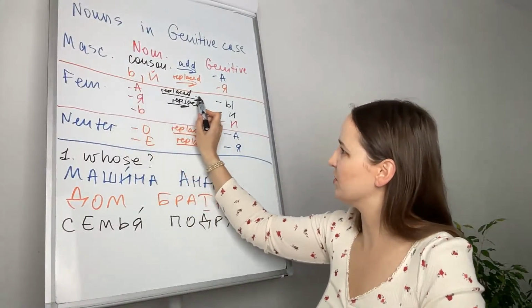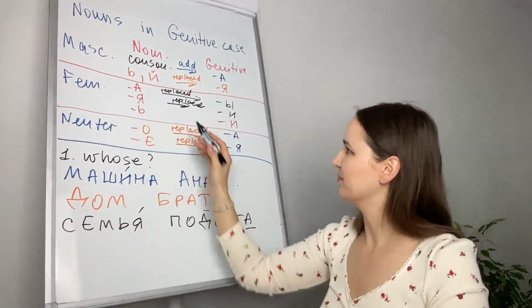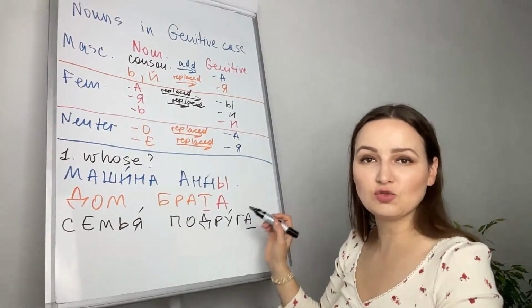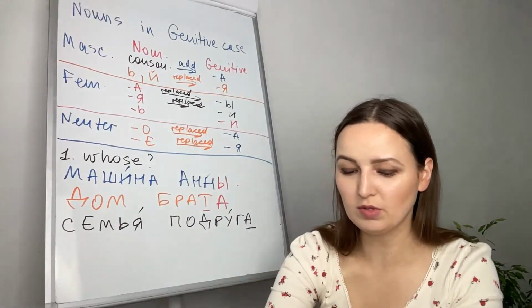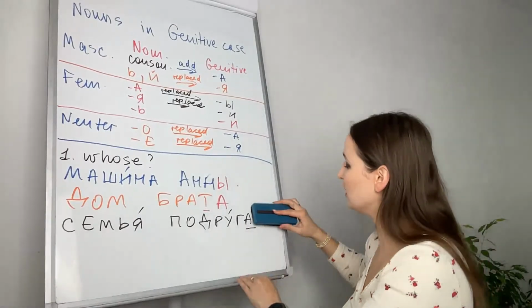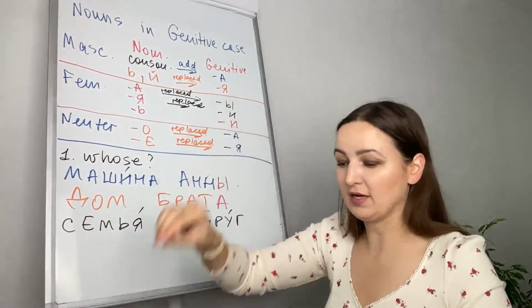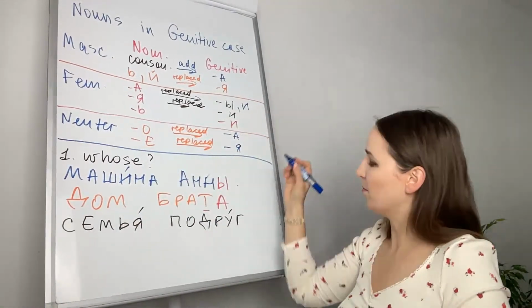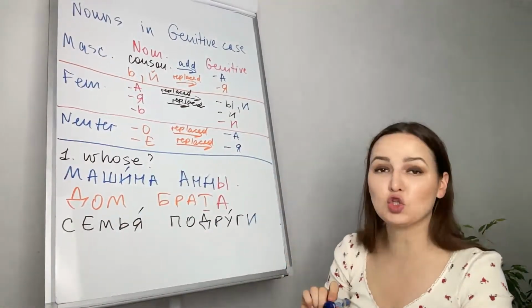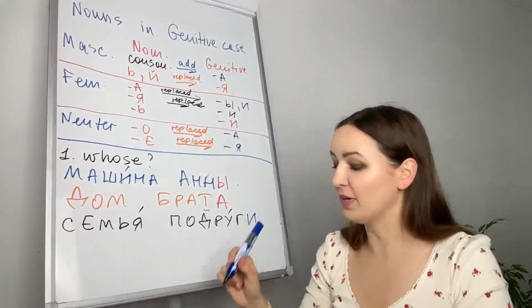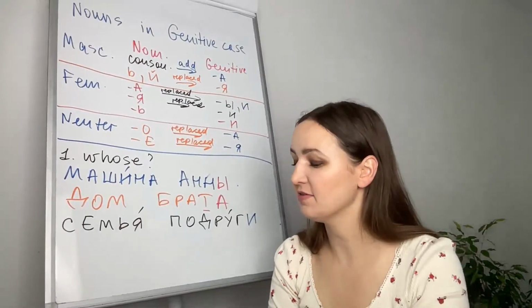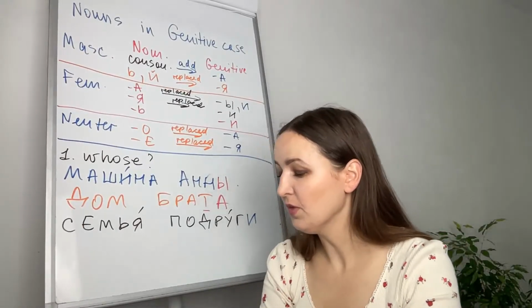Feminine а will be replaced with ы, but here г does not support ы after it, so we will add и. Подруги. Семья подруги. My girlfriend's family. My friend's family. Дальше.